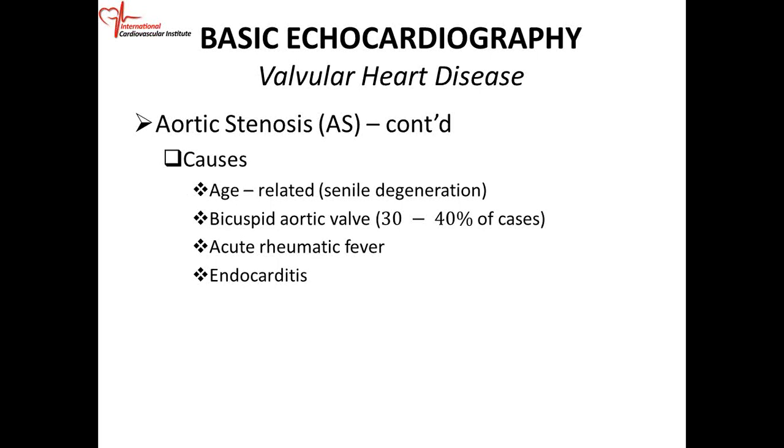So if you see someone with significant aortic stenosis at age 40, 50, it's more than likely bicuspid aortic valve, because they're not going to have age-related aortic stenosis, senile degeneration. You usually get that in patients 80 and 90. Okay, so a younger individual, 40, 50, with significant aortic stenosis, probably has a bicuspid aortic valve.